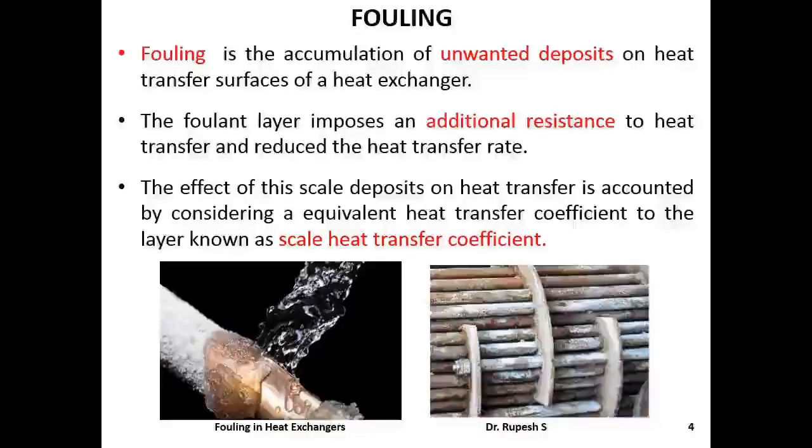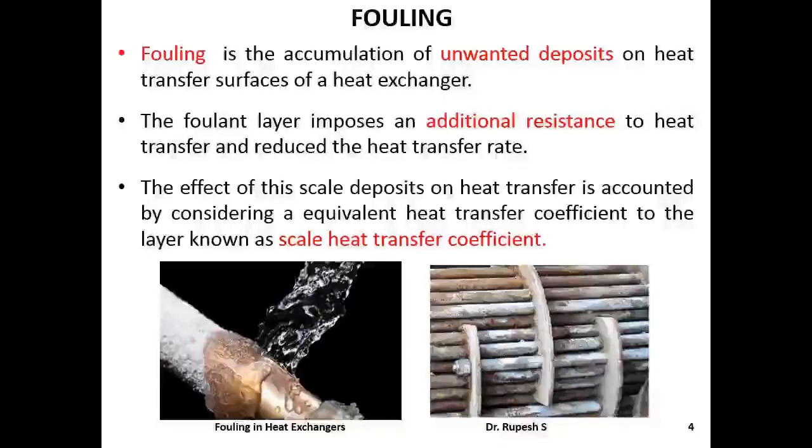Now the question is how to estimate the thermal resistance offered by these deposits and thereby heat transfer. Here what we do is we will consider a heat transfer coefficient to these deposits known as scale heat transfer coefficient, and thermal resistance is estimated as we do in convective heat transfer.